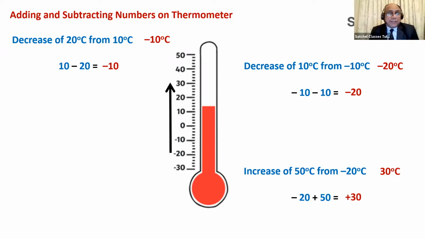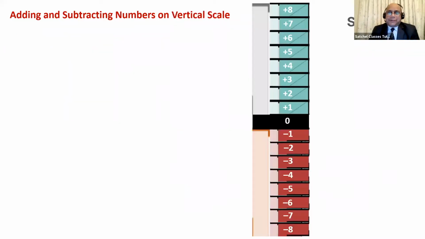Now let me show you something more familiar in terms of vertical scale. An apartment. As you can see, this is an apartment. The 0 is your ground level. There are 8 stories above the ground level. And let's say there are some levels below the ground level as well. These are basements or parking or whatever.